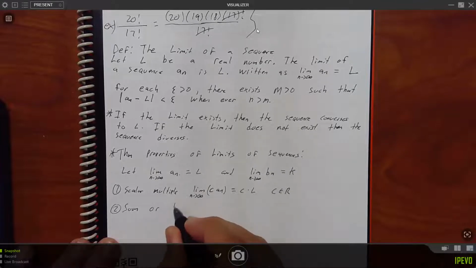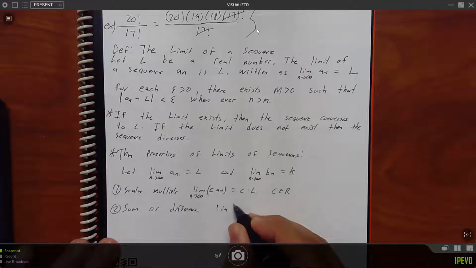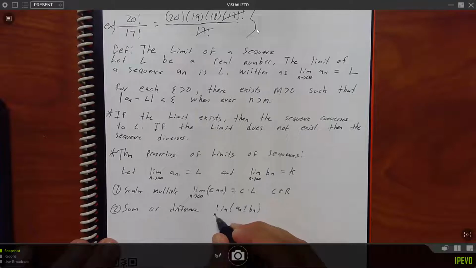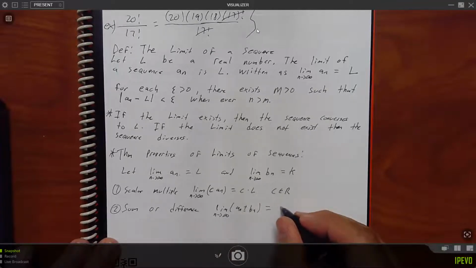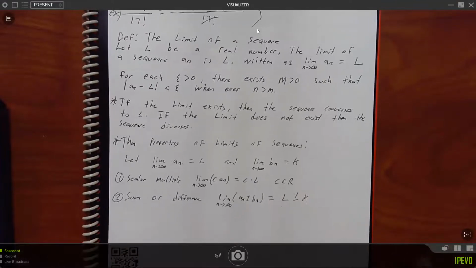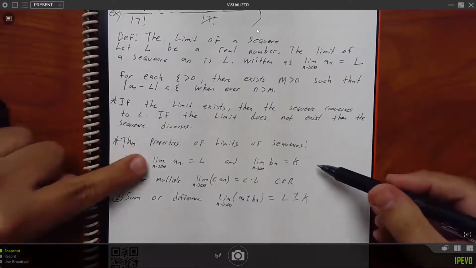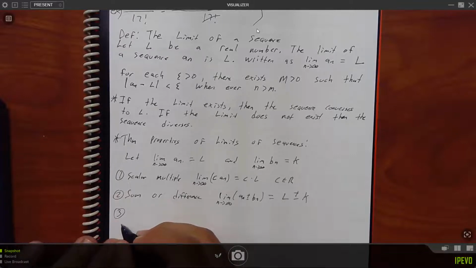Sum or difference. So if you're summing, let's say A sub n plus or minus B sub n, as n approaches infinity, that's equal to the limits added together or subtracted together. And the last two are product and quotient.